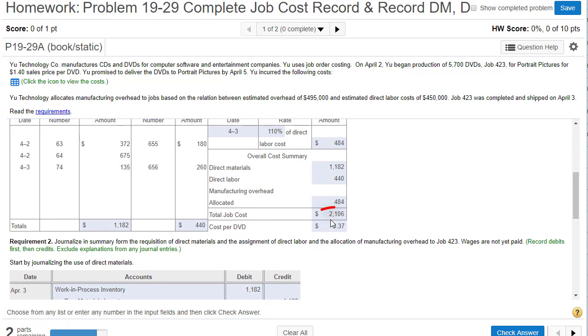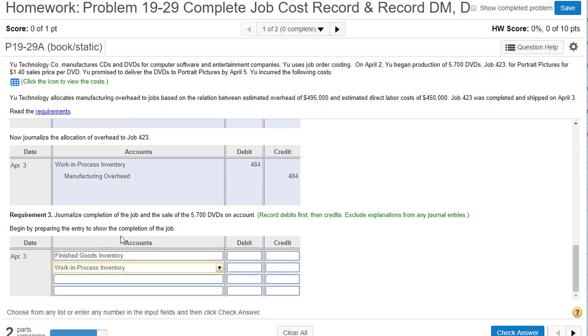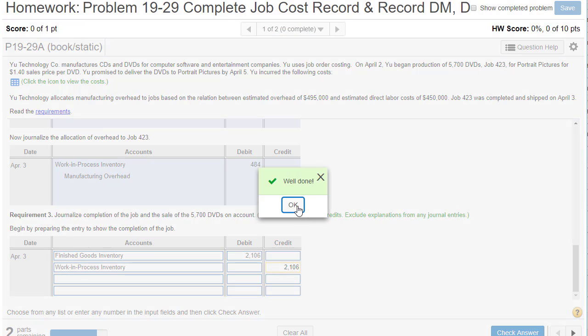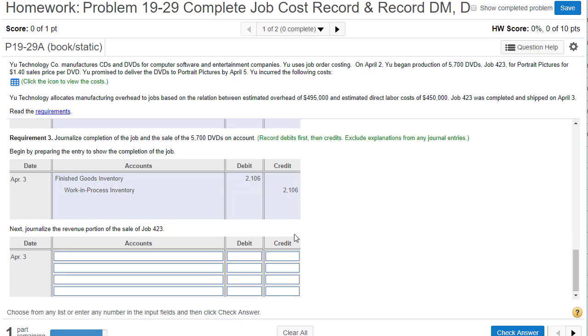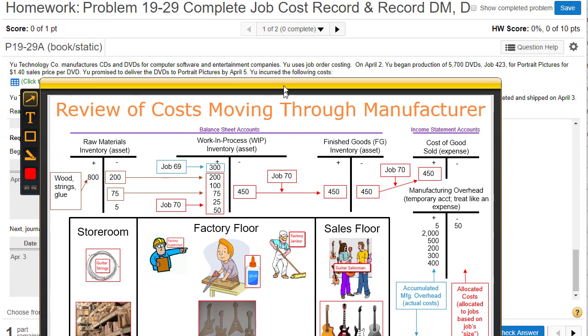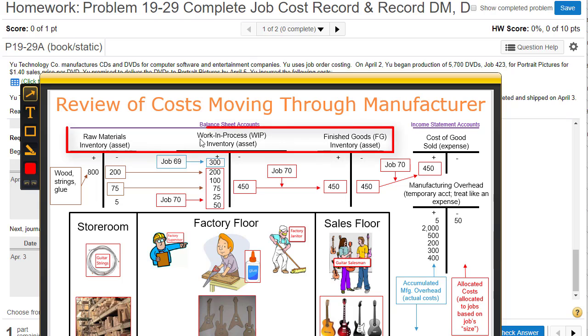The total costs are $2106. So those costs are leaving work in process with a credit and going into finished goods. And just a reminder, all three of these are inventory accounts, so they increase on the left side, the debit side.